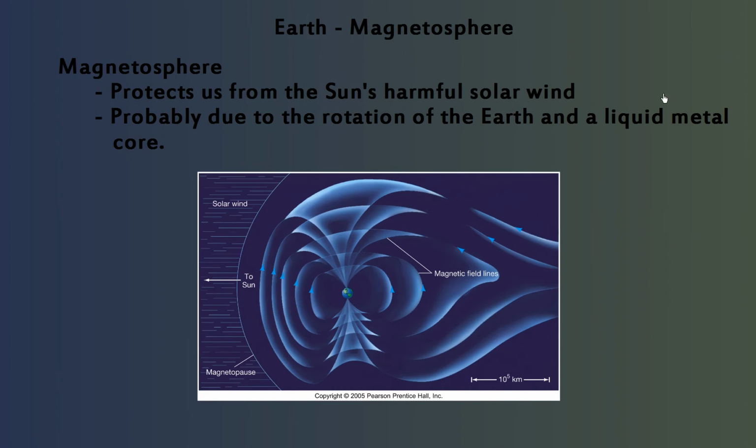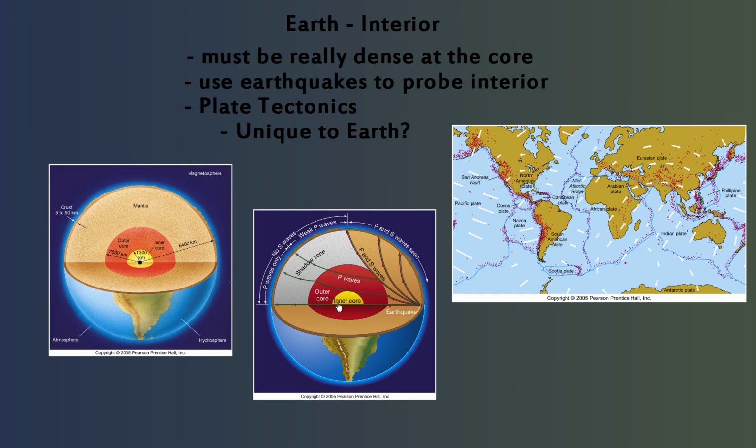Anyway, because Earth has a liquidy metal dense core, the inner core is probably so dense that it's just solid even though it's really hot. It can probably spin around inside this liquidy outer core.